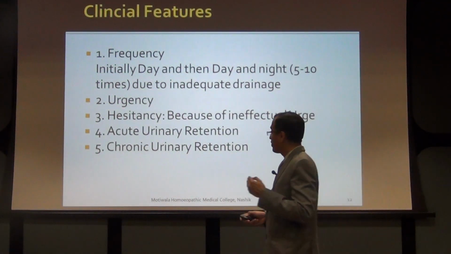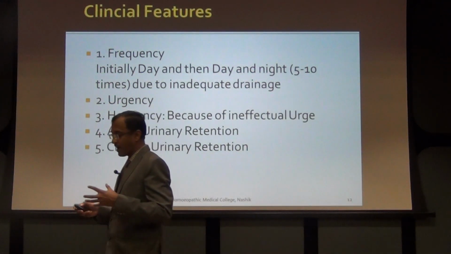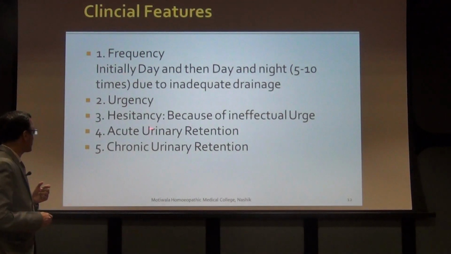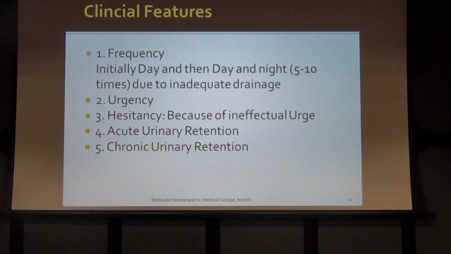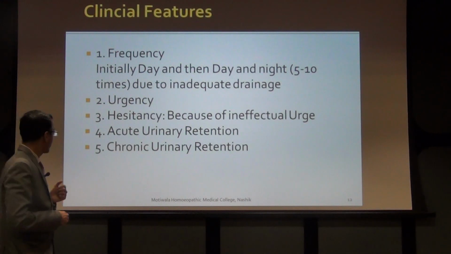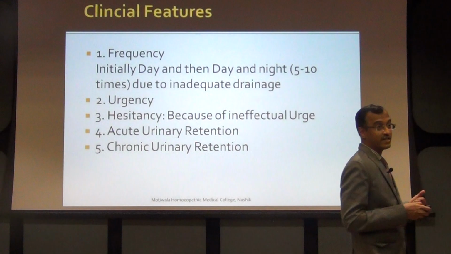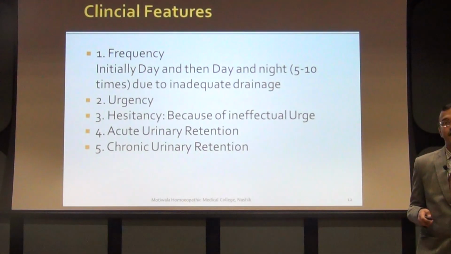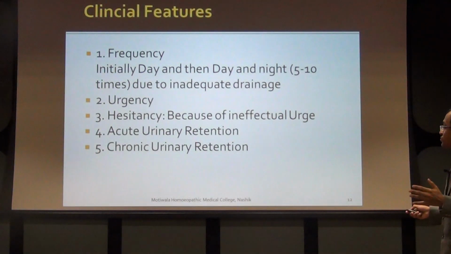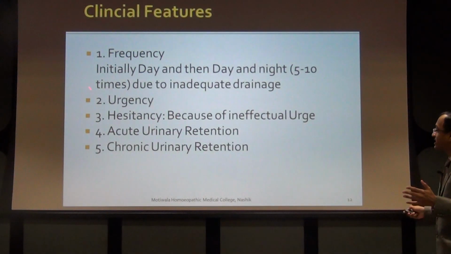And once the prostatic hypertrophy develops, you will understand that it can land up in acute urinary retention. And if not treated, it will further progress to chronic urinary retention. So in an approach, I need to treat at the symptomatic level.